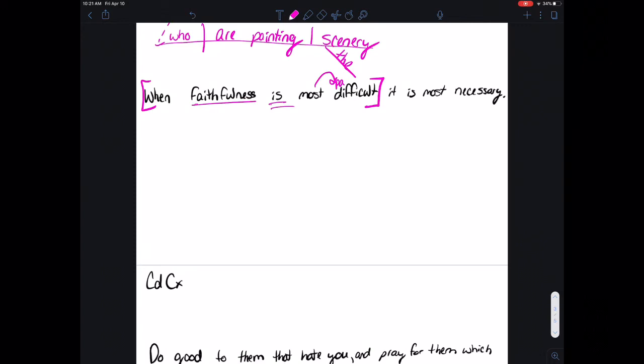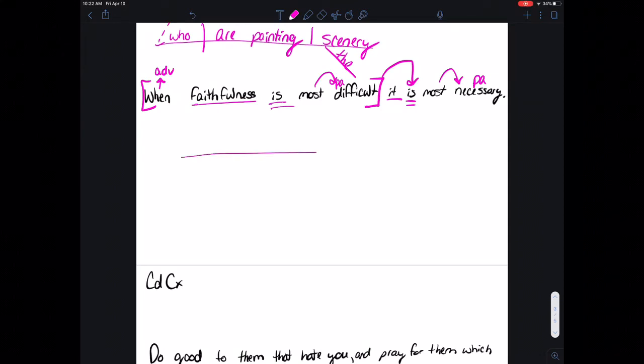Most modifies difficult. Okay. Outside of the clause, is my verb. Who or what is, it is. It is necessary. It's a predicate adjective. And most modifies necessary. Now this whole thing is actually modifying my verb. Just from this introductory word, I already know that it's an adverb clause. So it's got to modify a verb, adjective, or another adverb.